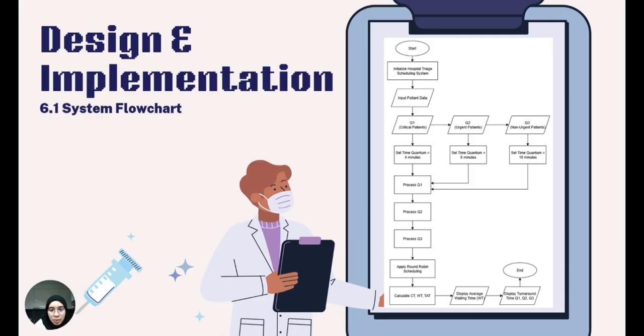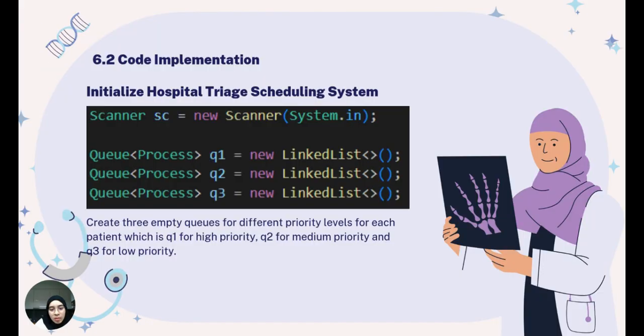After we set it, we process Q1 as the most urgent cases, then Q2 and then Q3. Then we apply round robin scheduling, and we calculate completion time, waiting time, and turnaround time, and then we display the average waiting time and turnaround time for Q1, Q2, and Q3.